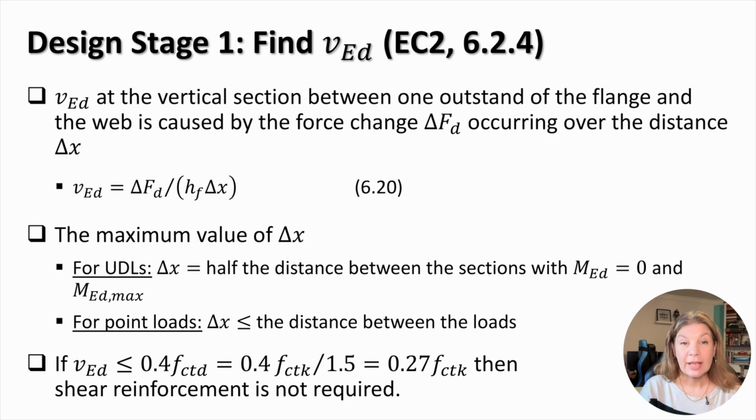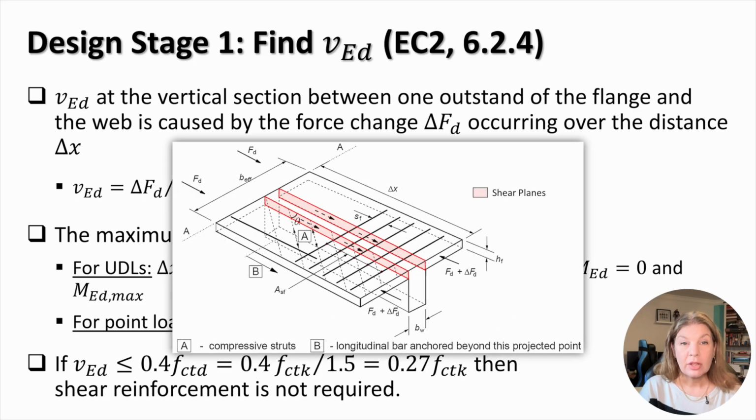The force delta Fd should be transferred through the interface between the web and each flange of the beam segment with a delta x length. As a result, the longitudinal design shear stress, VED, is calculated as the force delta Fd divided by the area of the vertical section between one outstand of the flange and the web.